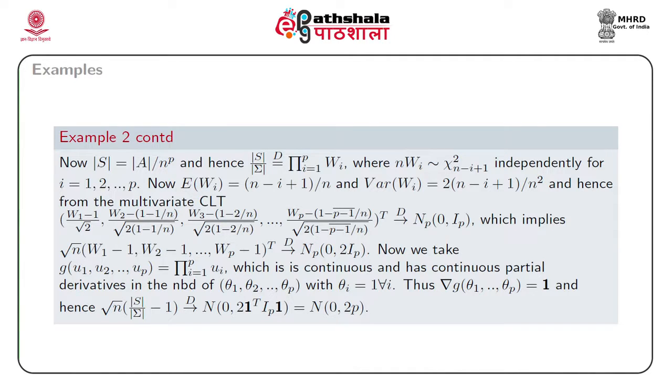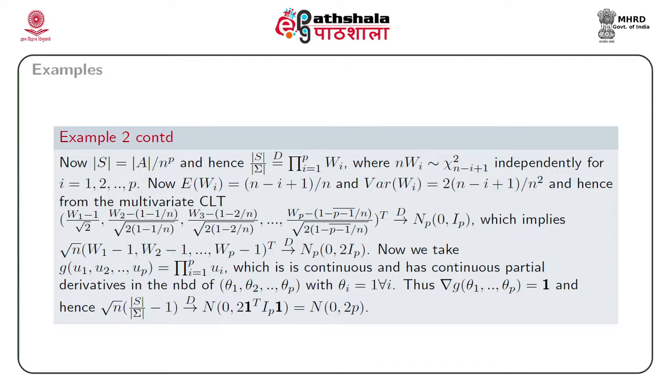Thus the gradient vector at theta for g is nothing but a vector with all components unity, and hence we find that square root of n multiplied by (determinant of S divided by determinant of sigma minus 1) converges in distribution to a normal distribution with mean 0 and variance 2p.